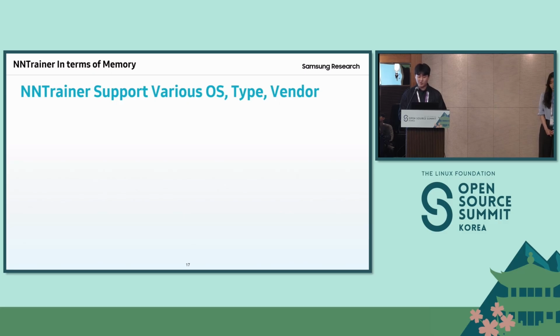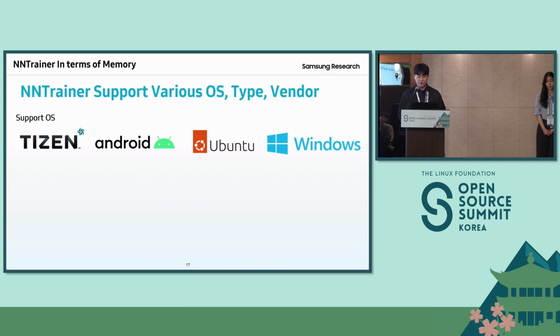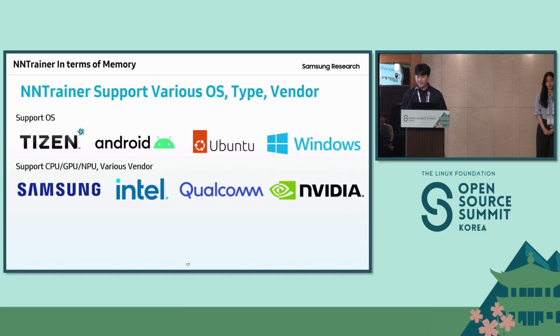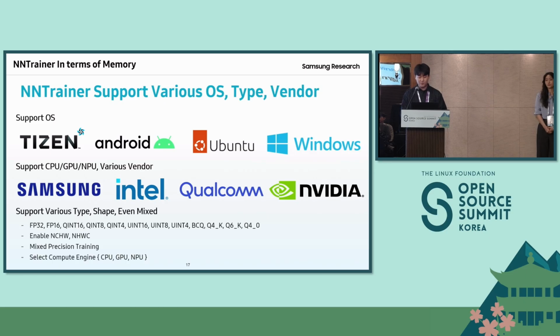NNTrainer also supports a wide range of mobile device environments. It can run on operating systems such as Tizen, Android, Ubuntu, and Windows, and it works with chipsets manufactured by Samsung, Intel, Qualcomm, and NVIDIA. In addition to supporting many data types and shapes, NNTrainer lets you choose the precision and compute engine for each layer individually.